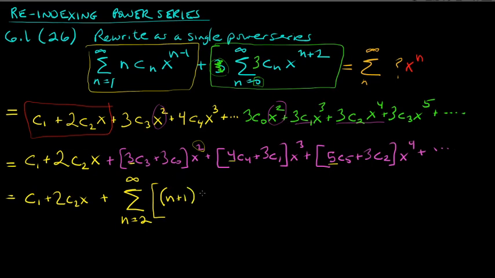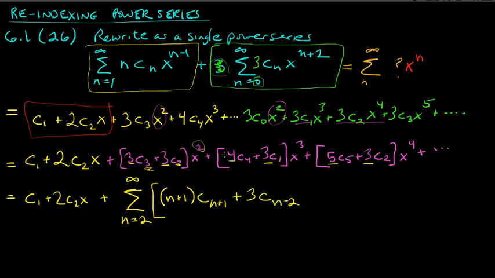So n plus 1 times c, and again, we're starting at 3 here, so this is also n plus 1. Plus, and then notice that this 3 here is a constant. That does not change. So that stays 3 times c. What's the subscript here? 0. Well, how do you go from 2 to 0?